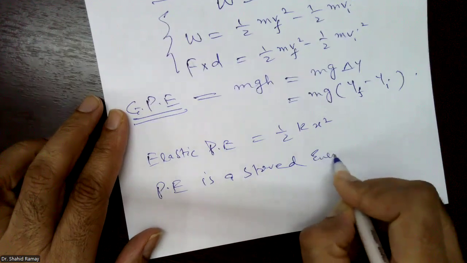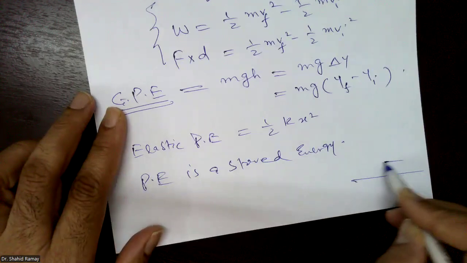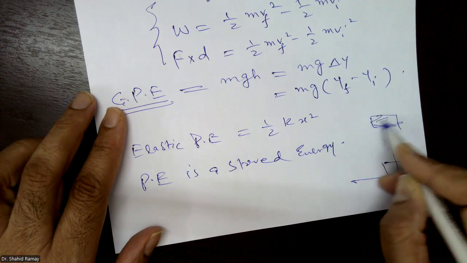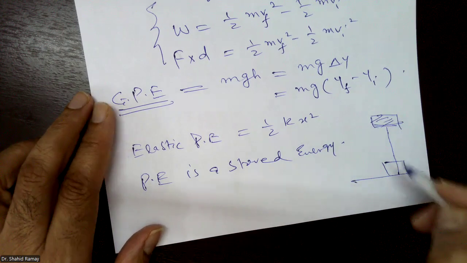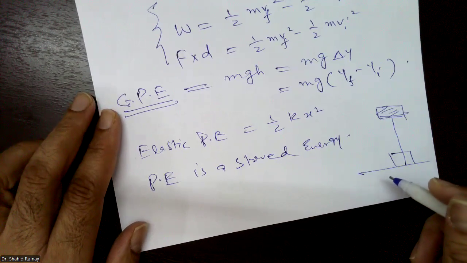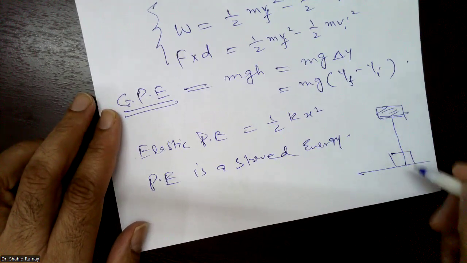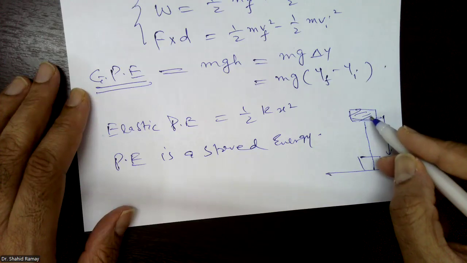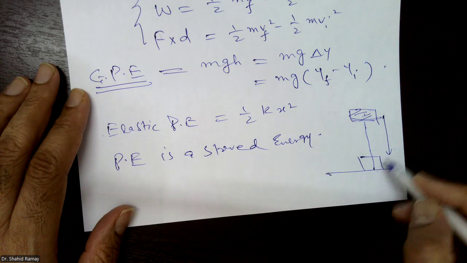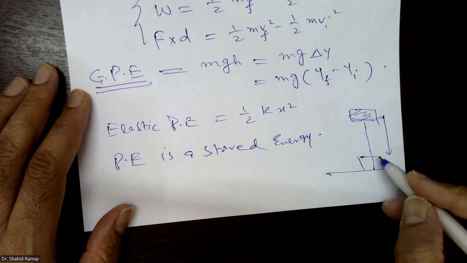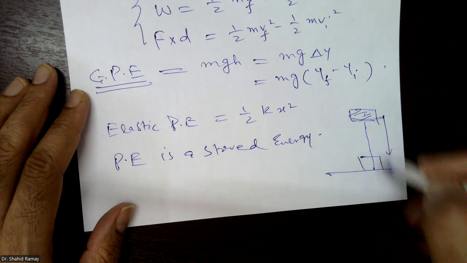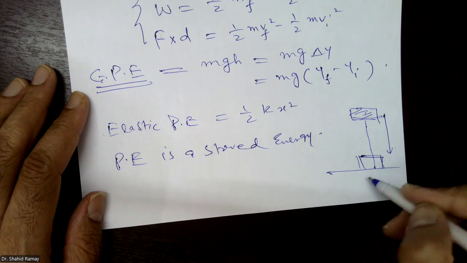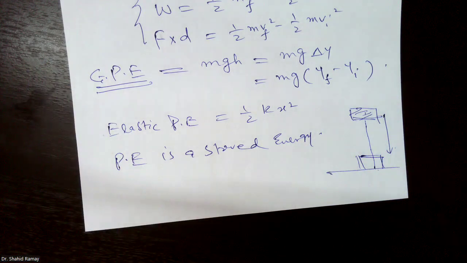Stored energy means if you lift the block and the block is here, then the energy is stored, and that stored energy is called potential energy. This potential energy can be converted into kinetic energy. If the block is falling down, then the potential energy is decreasing and the kinetic energy is increasing. And if the block is falling, surely its thermal energy is also increasing.